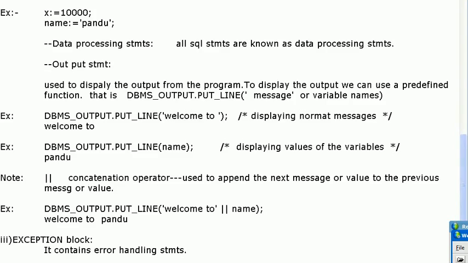It will display no rows are selected. Now let us assume the table contains data, but no employee has the number 7788. Then it will also display the same output, no rows are selected.